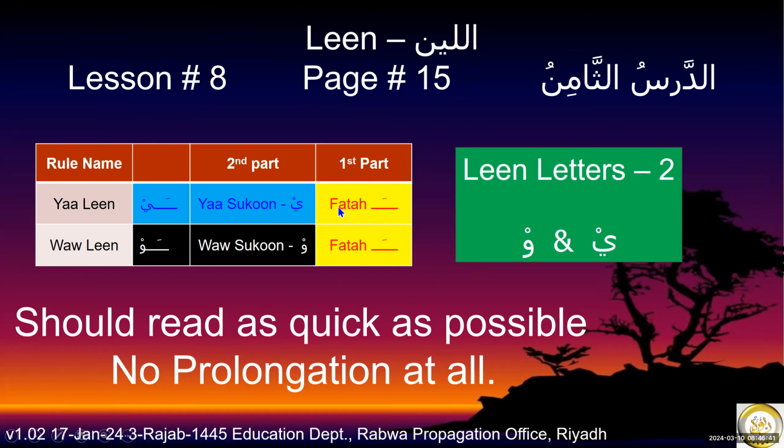The letter must be preceded by a letter with fatha. If the letter does not have fatha, there is no chance of leen, 100% no chance. It should be read as quickly as possible, with no prolongation at all.